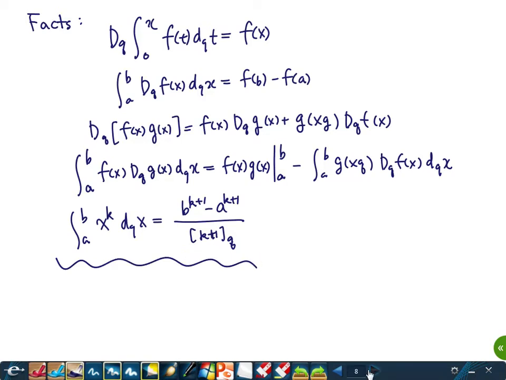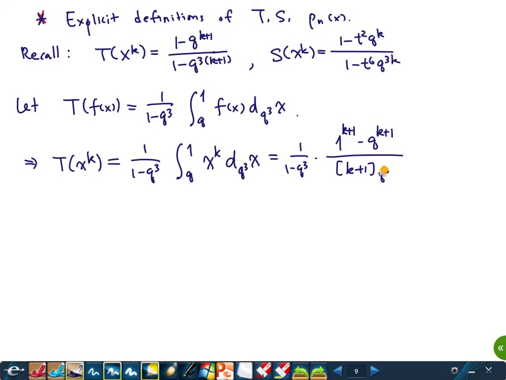But you can see here, you cancel these two things and you get q to the 3k plus 1, and what is this? 1 minus q to the k plus 1, as we wished, right? If we define this, that's the same thing. Okay, so we found an explicit formula for T.